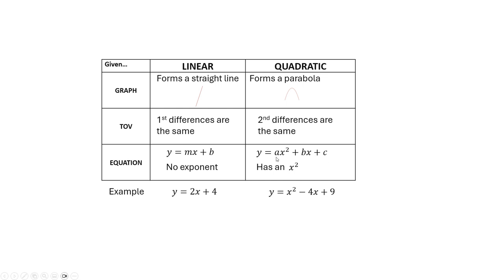A will be some coefficient in front of an x squared term. B will be some number or coefficient in front of the x term. And C will be a constant. It won't have any variable with it.